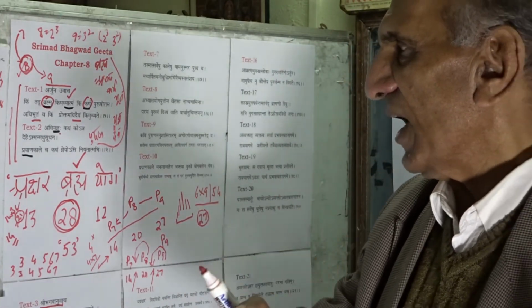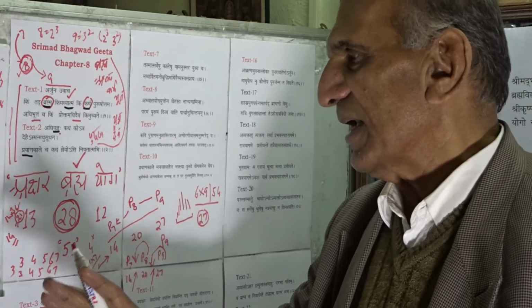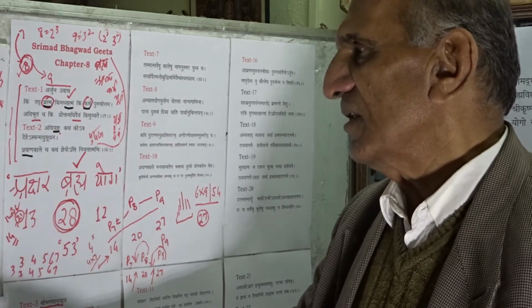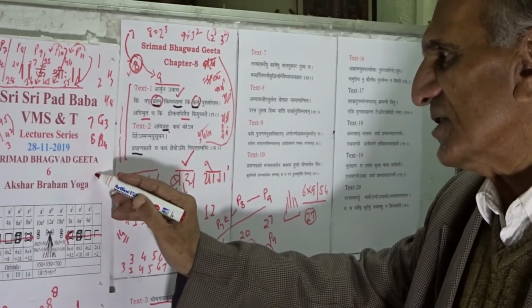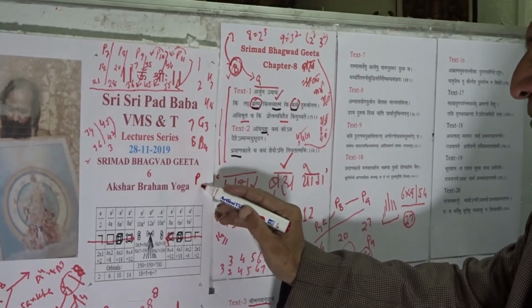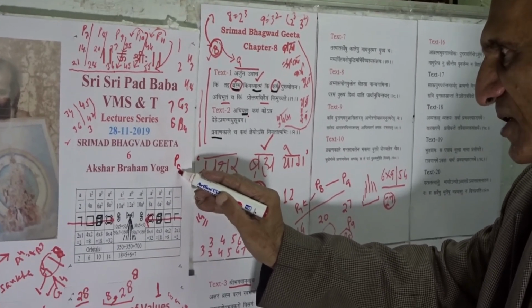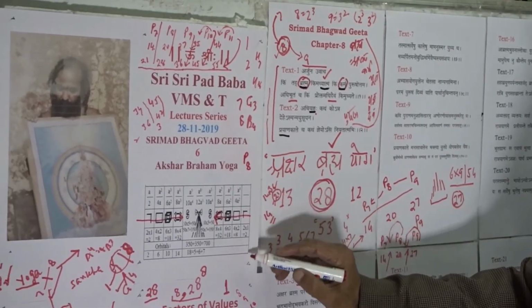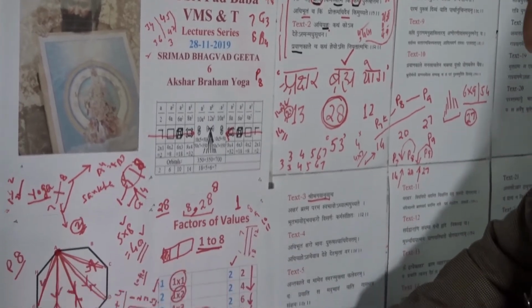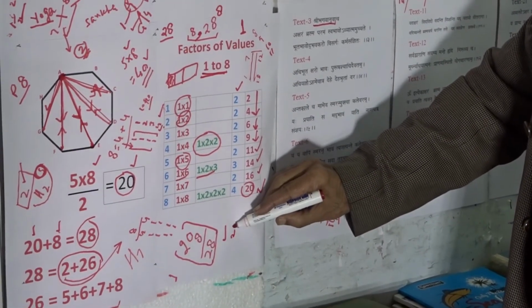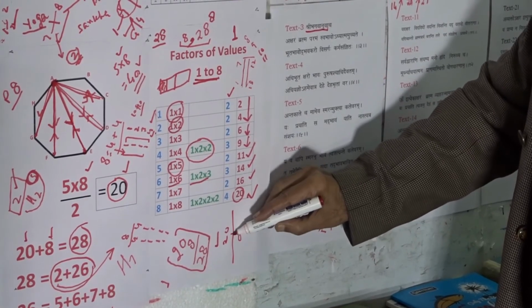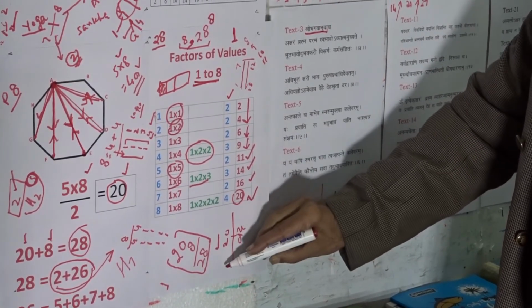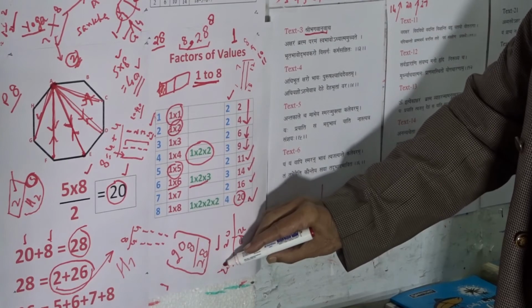Then we have to begin our analysis with the organization of chapter 8, which takes us to this polygon 8, and the internal diagonals here are 20, and the value 20 we know is the value of the formulation Ved, and this is also the value of formulation Dev.